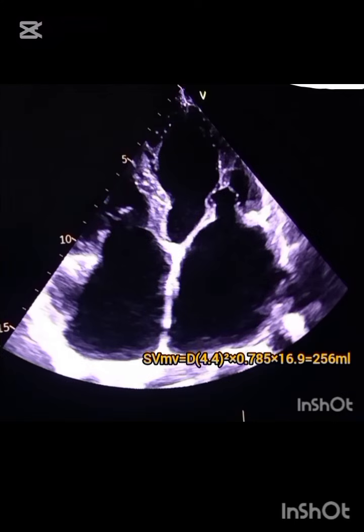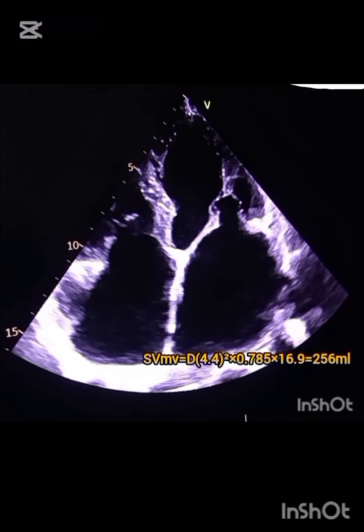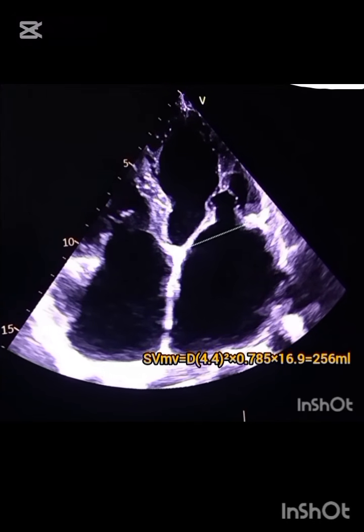Now we calculate stroke volume at the mitral valve. First we measure the mitral annulus diameter.